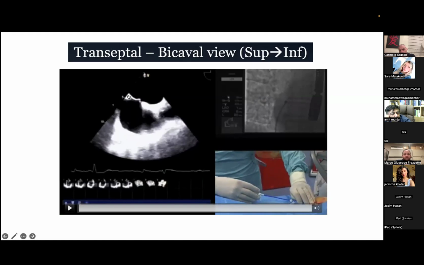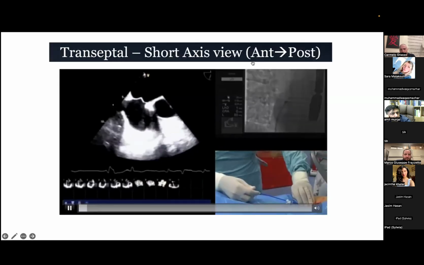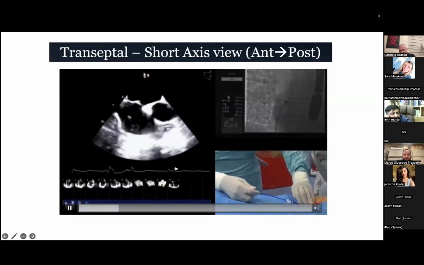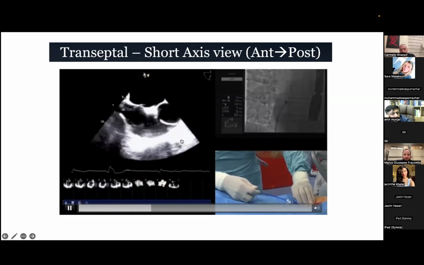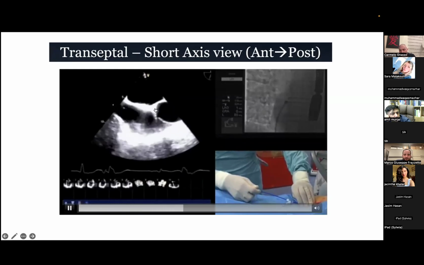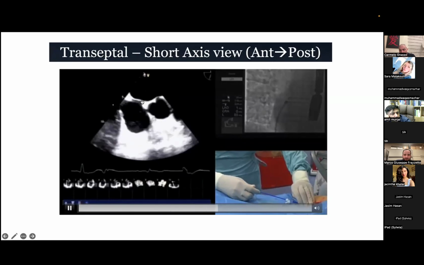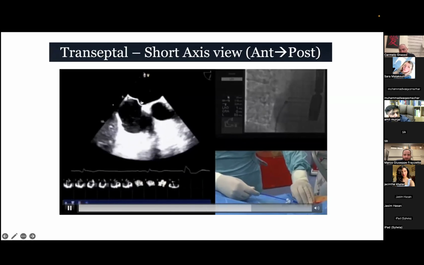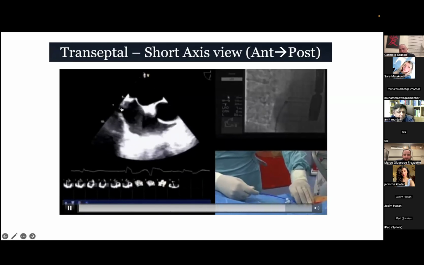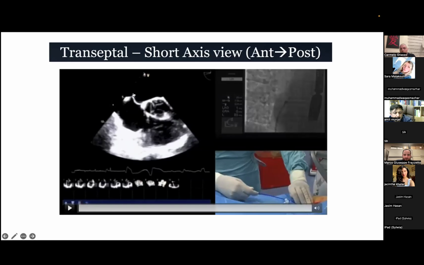Once you reach the fossa, we have to see it in a superior position. We move to a short axis view. In a short axis view, it's very simple to recognize the structures. We see the aorta, and we say that we are anterior if we are near the aorta. But in this procedure, we have to do a posterior puncture.